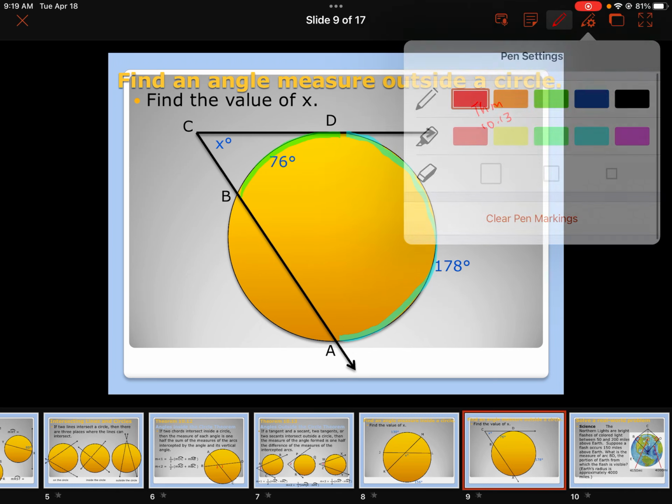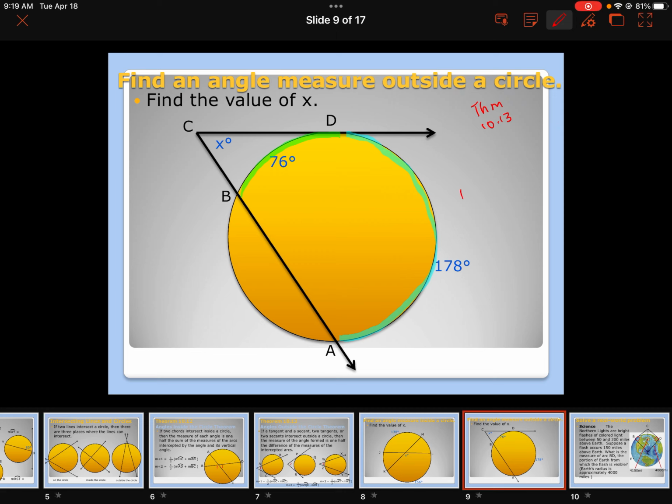Remember what that theorem says. The theorem says to find the difference of those arc measures. So we're going to subtract 76 from 178. And we're going to take half of that. So you can divide by 2 or multiply by 1/2. It's totally up to you. But 178 minus 76 is 102, and then half of 102 is going to give you 51. That's what x is, 51.